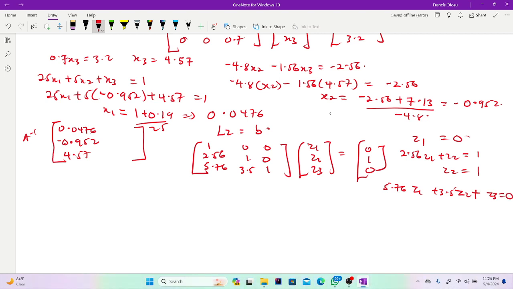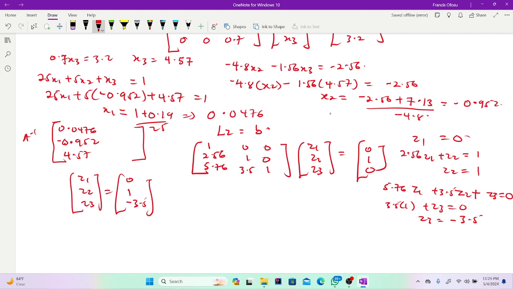So with Z1 being 0, I'll have 3.5 multiplying 1 plus Z3 is equal to 0. So Z3 is simply equal to negative 3.5. And I'll write my Z's here. The Z1, Z2, Z3 is going to give me 0, 1, negative 3.5.